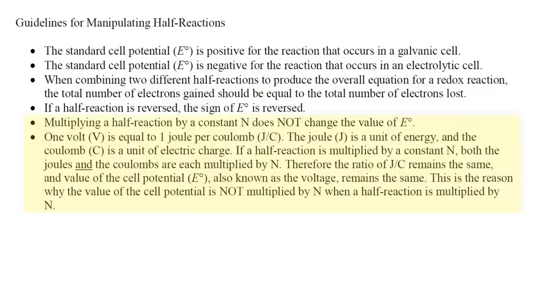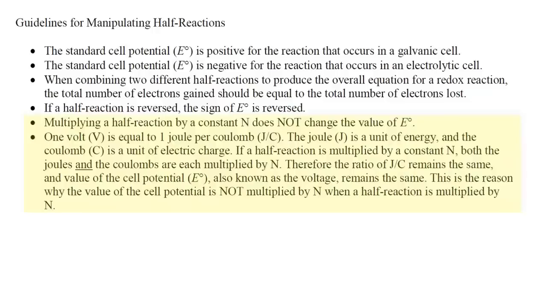By definition, 1 volt is equal to 1 joule per coulomb. The joule is a unit of energy, and the coulomb is a unit of electrical charge. If a half reaction is multiplied by a constant n, then both the joules and the coulombs are each multiplied by that same factor n.